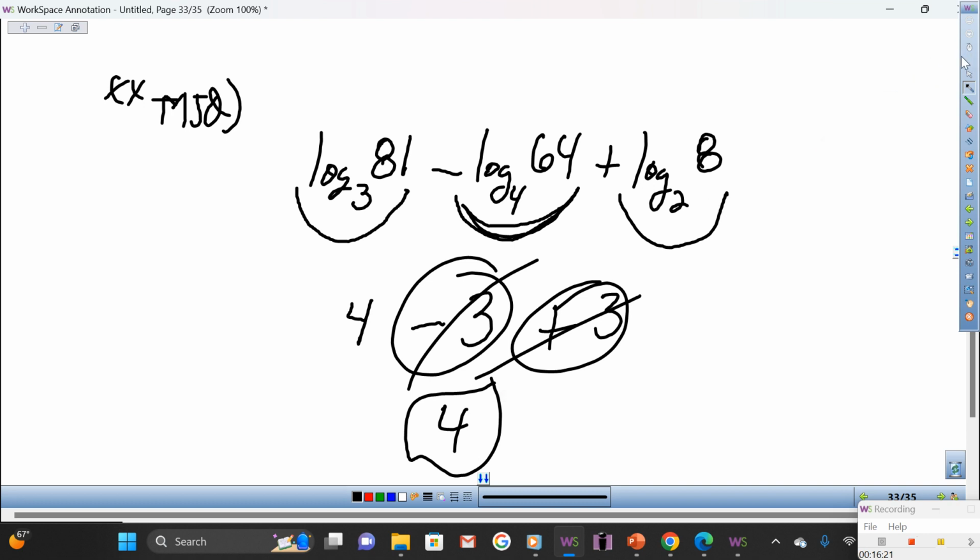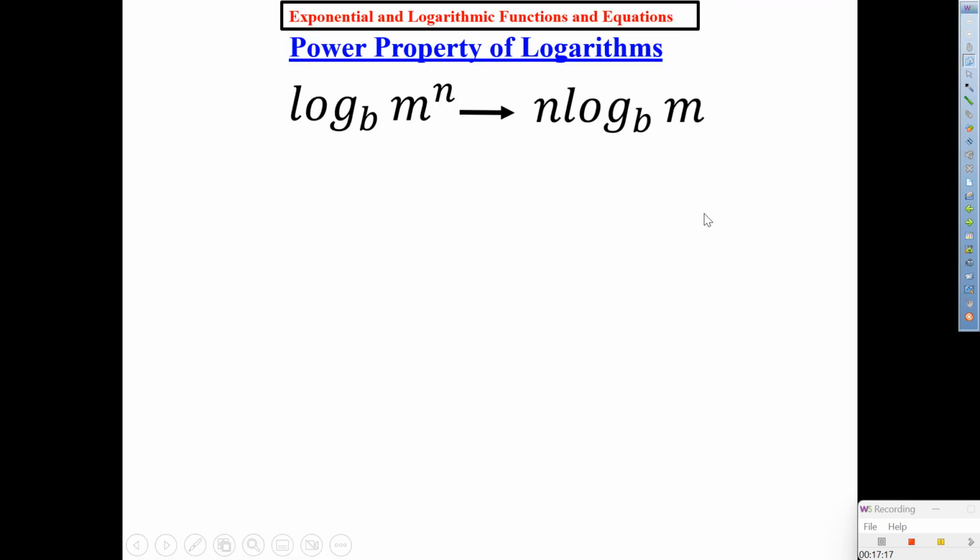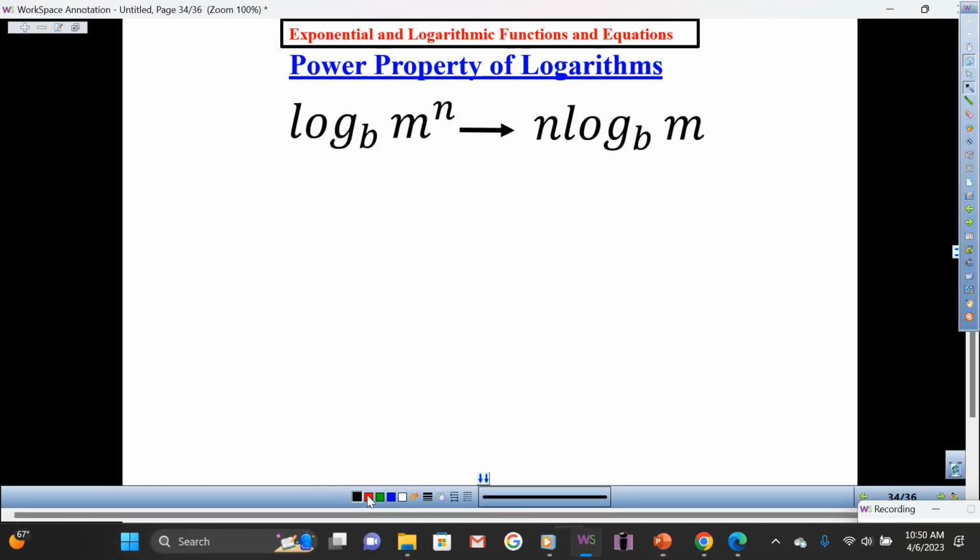All right, so let's go now to the last 2 properties of logs. Copy this one. Power property of logarithms. The power property of logarithms states that if you are given a log to a given number, and that given number has an exponent, look up. Once again, if a given log has a base and then a given number, and that given number has an exponent, we can get the exponent of the given number, move it to the front of the log, and make that into a factor.